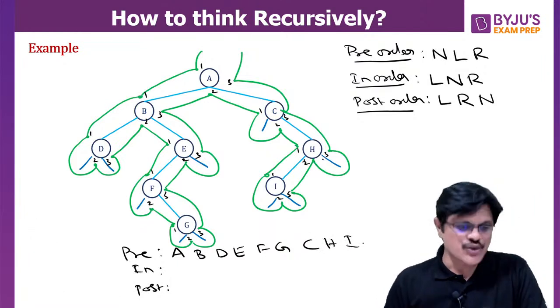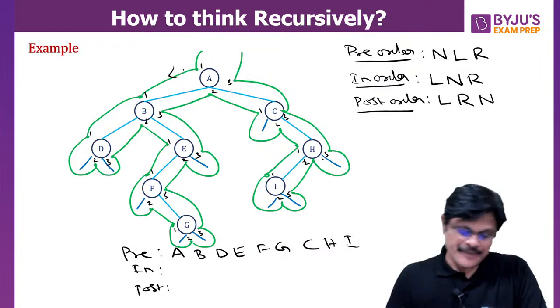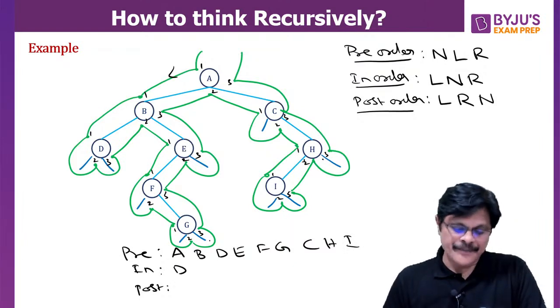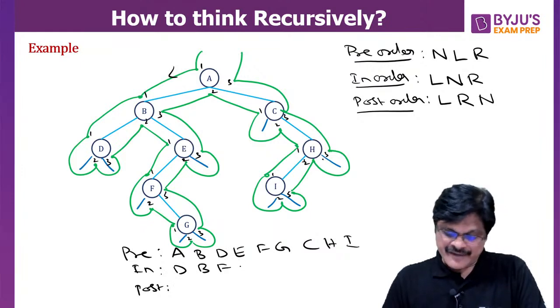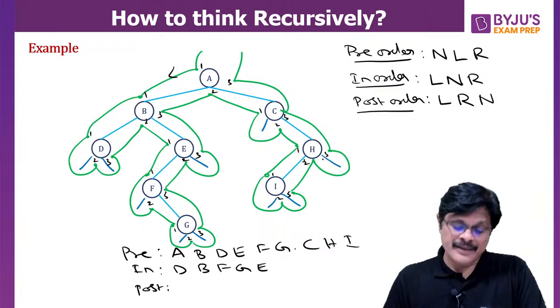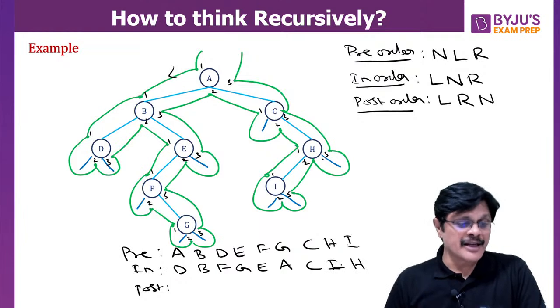In order means 2s. Starting from here, 2s you have to print D, B, then F, after F, G, then E, then A, then C, then I, then H. That is it. Wonderful, AB de Villiers, you are doing very fast.